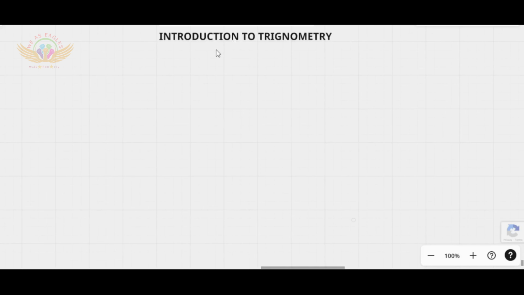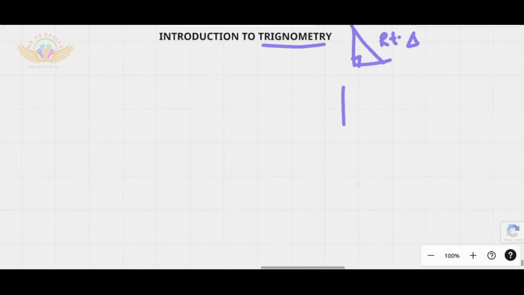Before dividing it into three parts, I want to tell you one thing. Trigonometry is completely based on a right angled triangle. It is not for any other acute or obtuse or scalene or any kind of triangles. It is completely for a right angled triangle. Please note that.